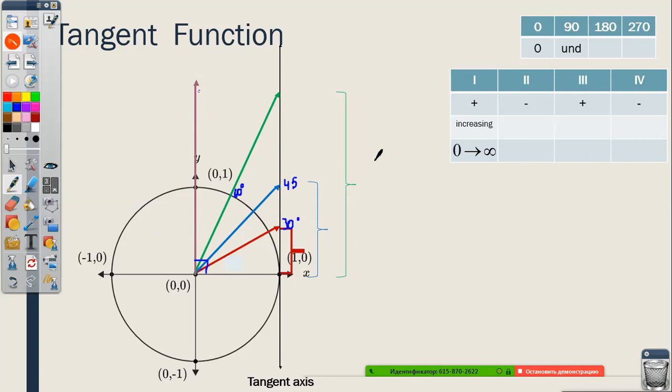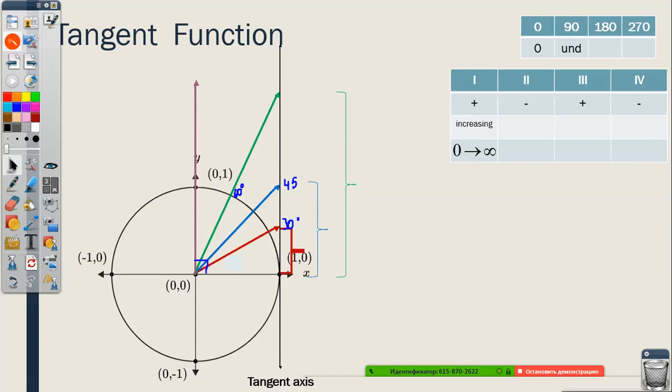That's why the tangent of 90 degrees is undefined. So for the first quadrant, tangent is positive, increasing from 0 to infinity.